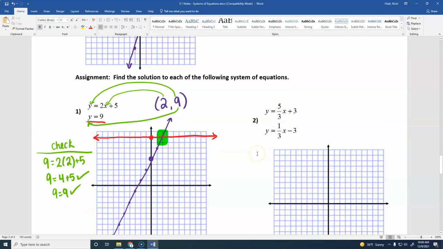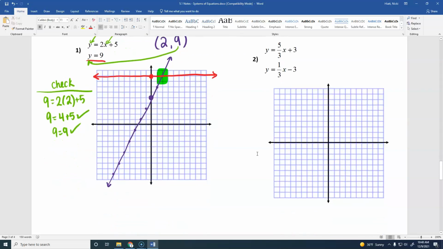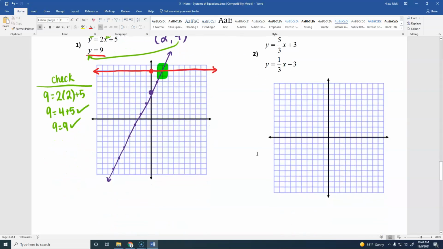You probably did something wrong on number 2 because let's see. Let's do number 2. Let's do 2 together. All right. So for 2, you're gonna have a y-intercept at 3 and a slope of 5 over 3.